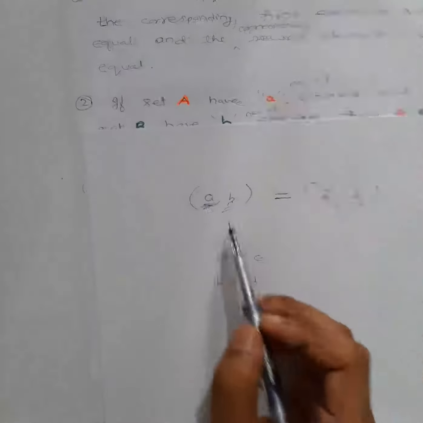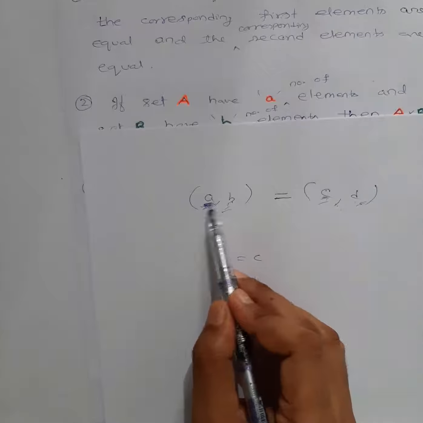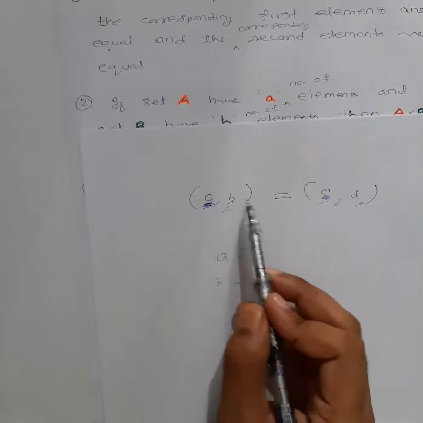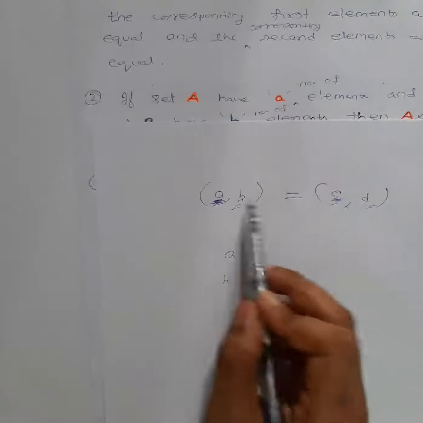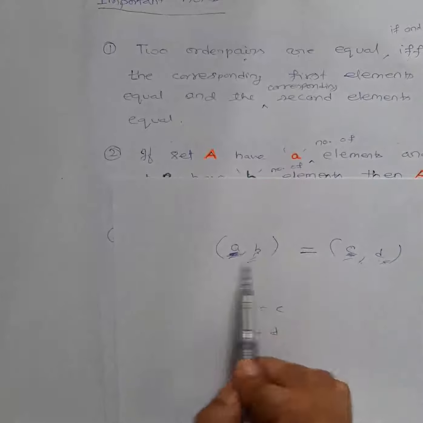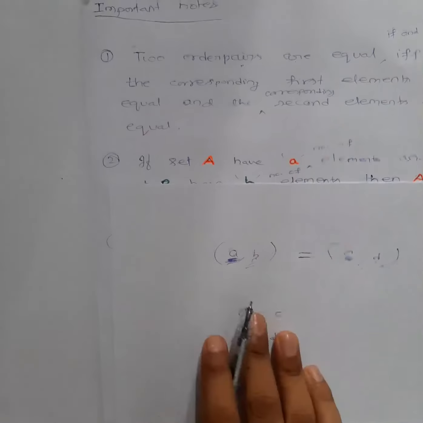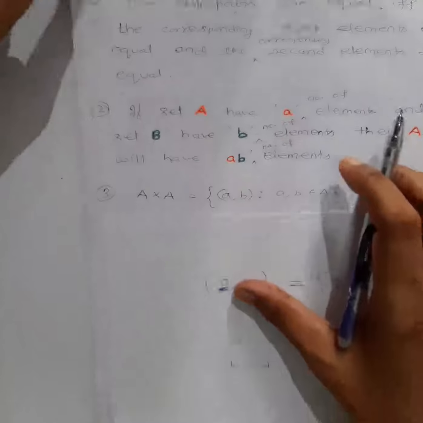That's what I have said, right? The corresponding means this first element and this first element, corresponding first elements must be equal and the corresponding second elements also must be equal. Then only we can say that the ordered pairs are equal. Otherwise it's not possible. So this is the meaning of the first note.